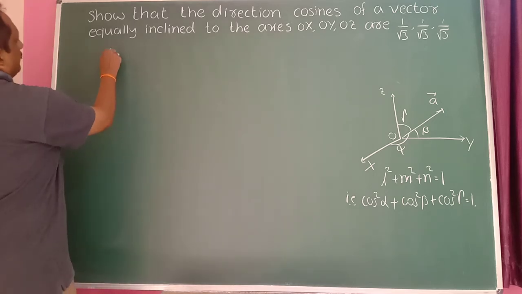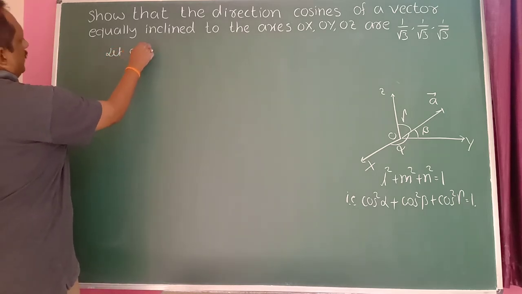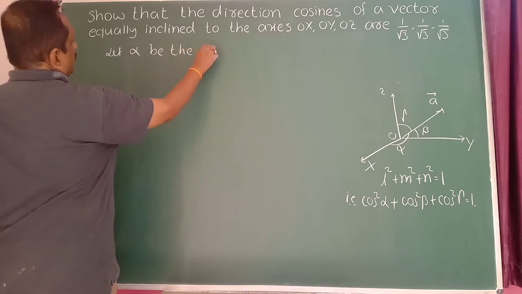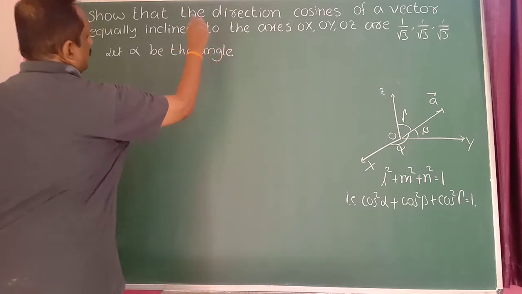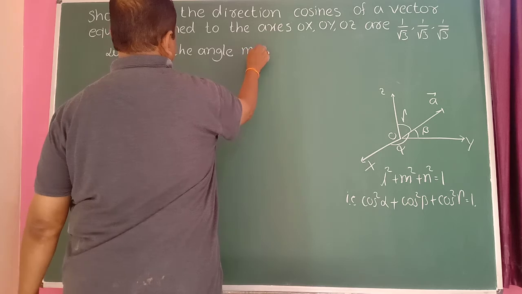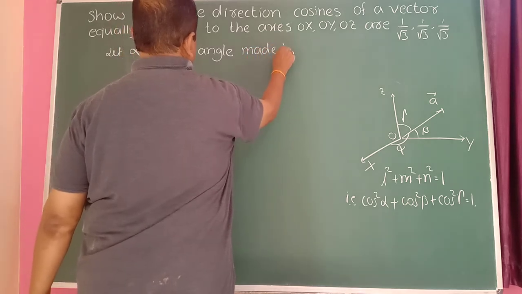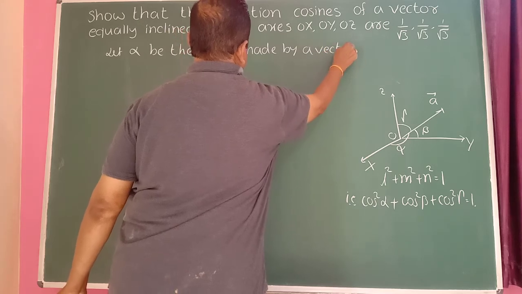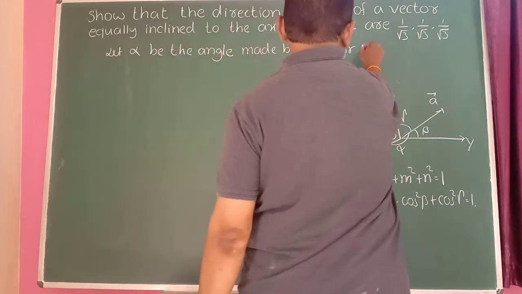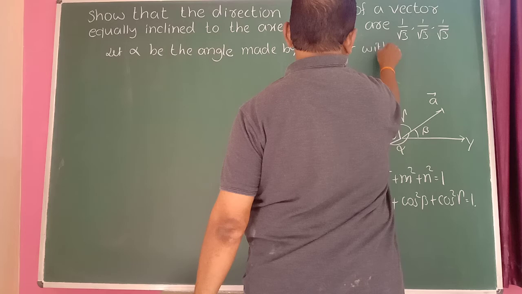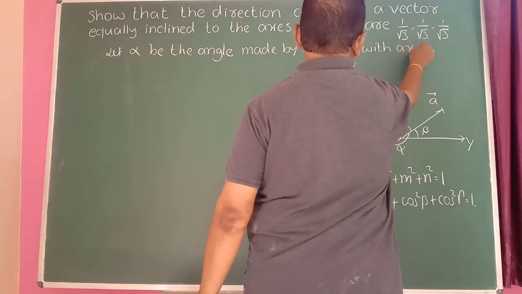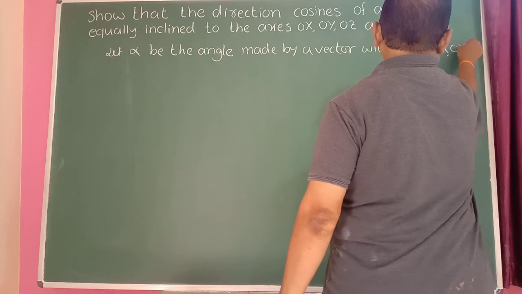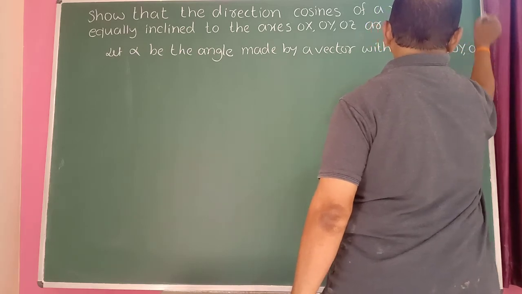Therefore, let alpha be the angle made by a vector with axes ox, oy and oz here.